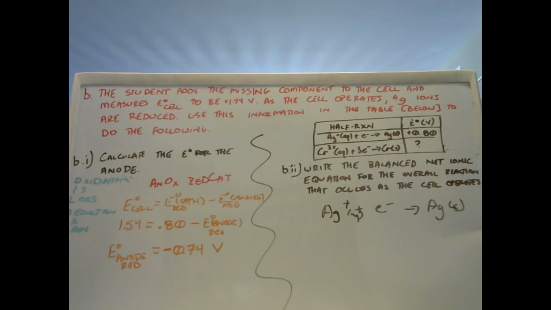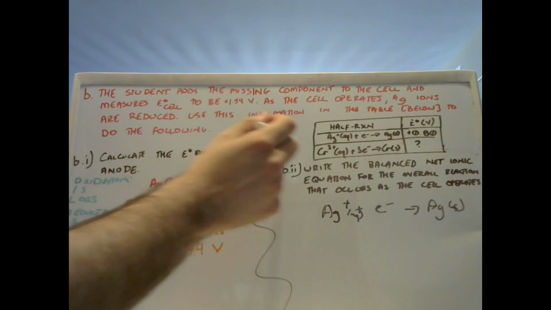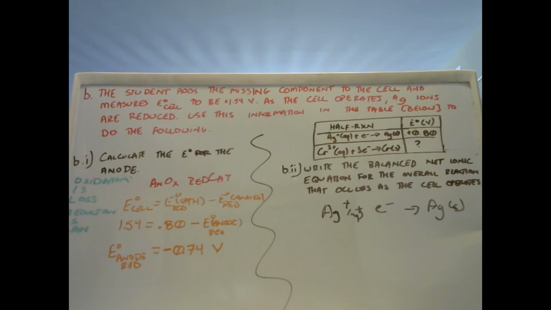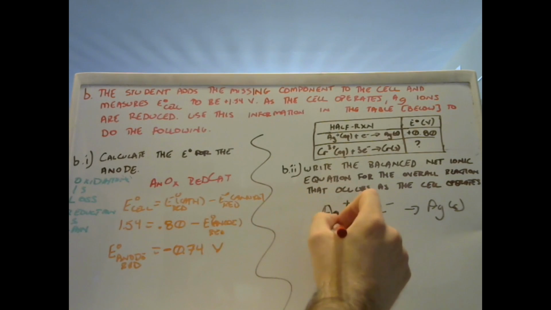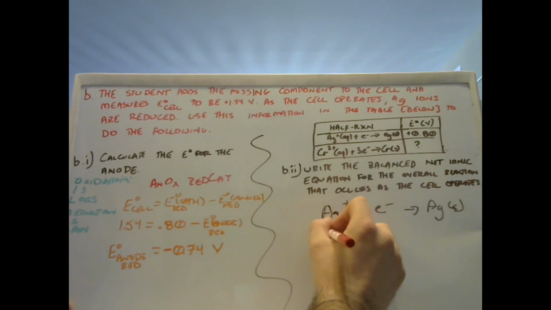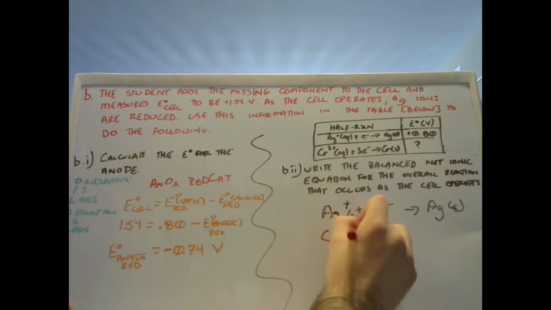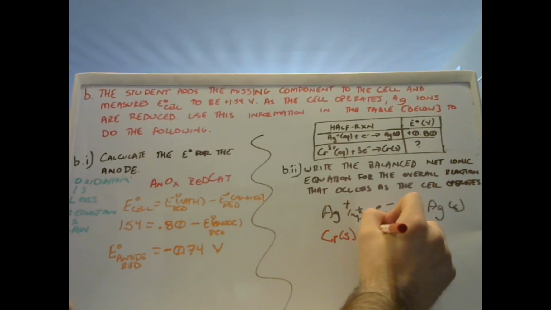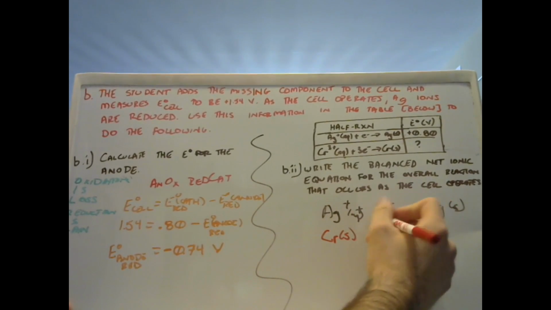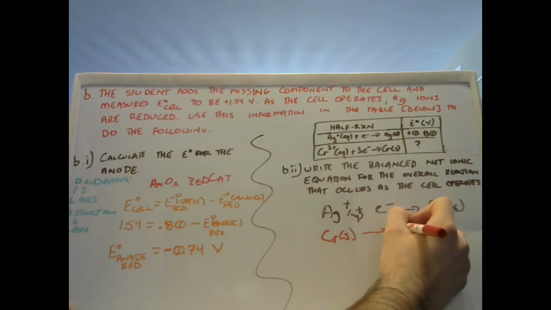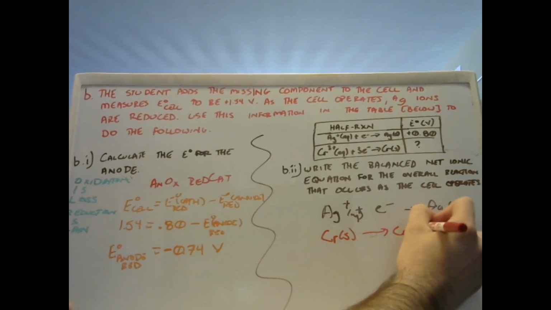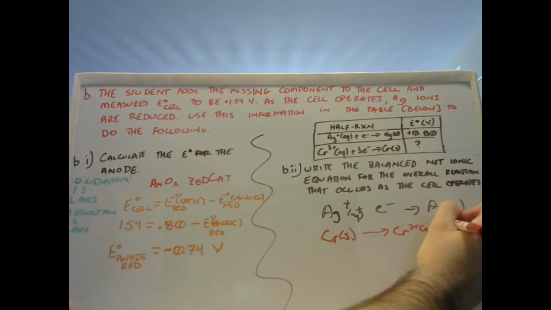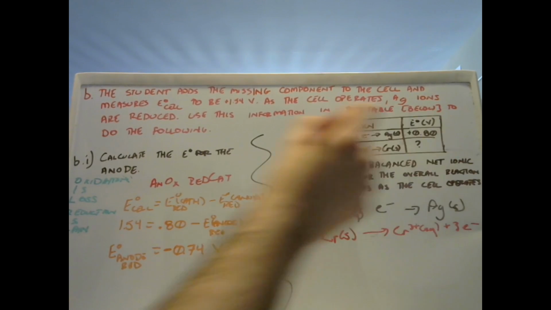So whatever's getting oxidized, or in this case, the chromium, which is getting oxidized, needs to flip and go the other way to be an oxidation or losing of electrons. Cr solid goes to Cr3 plus aqueous plus 3 e minus.